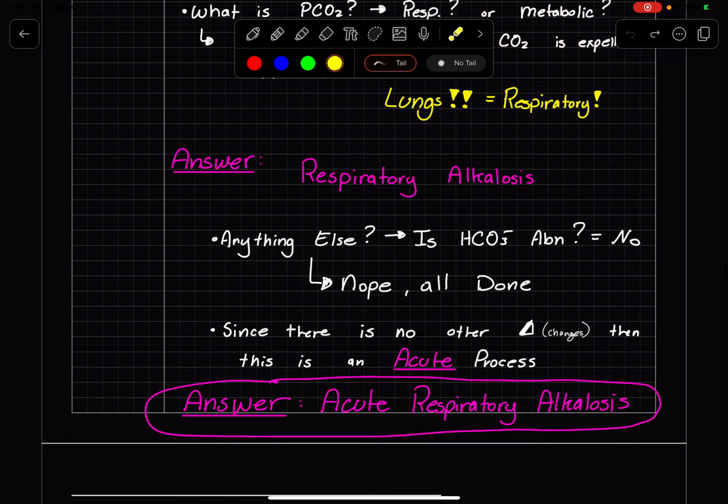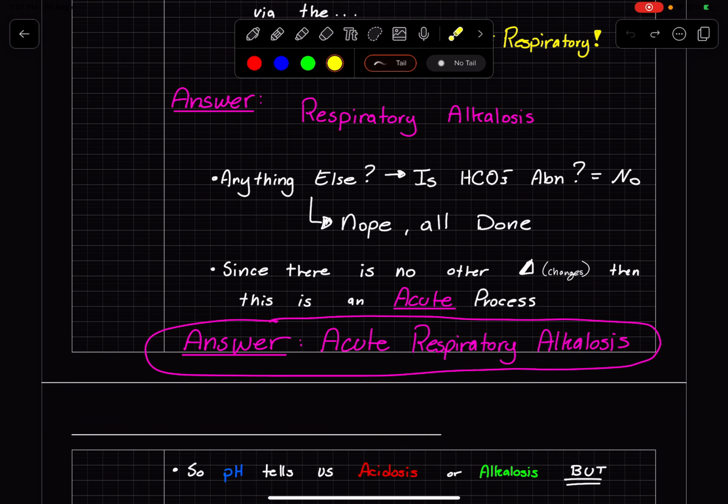Okay. Well, is there anything else based off this? Well, bicarb wasn't abnormal, so there really is nothing else to do right now. We could do rule 2 and 3 to make sure, but there's more questions that we can do to show that. Okay.